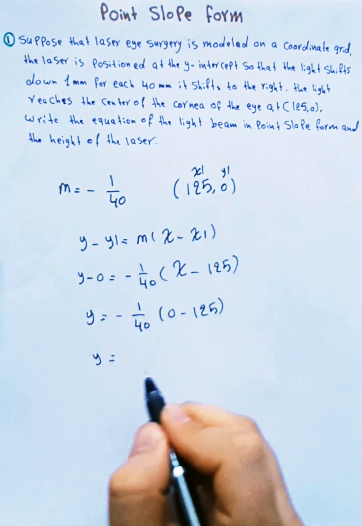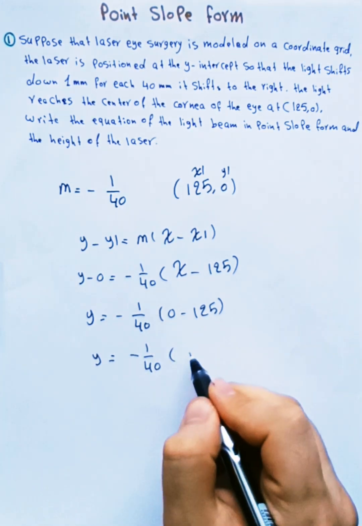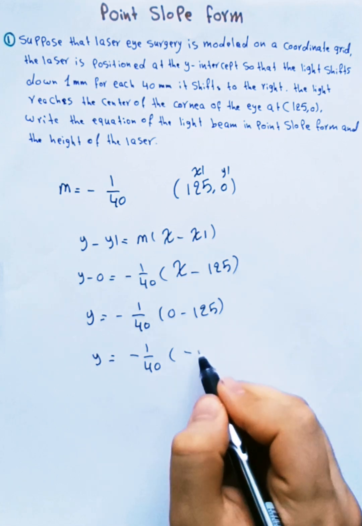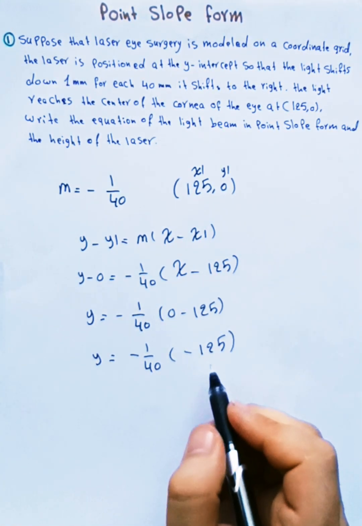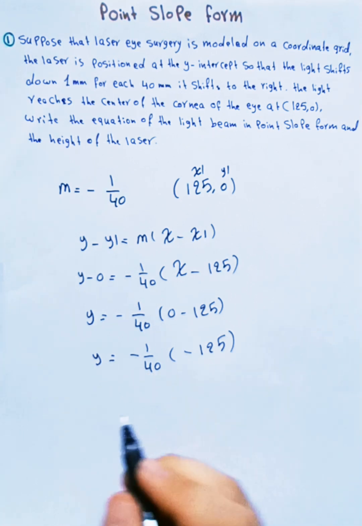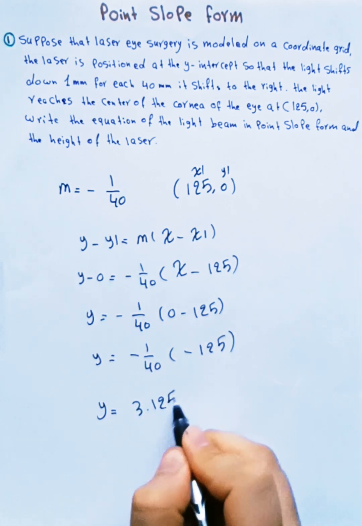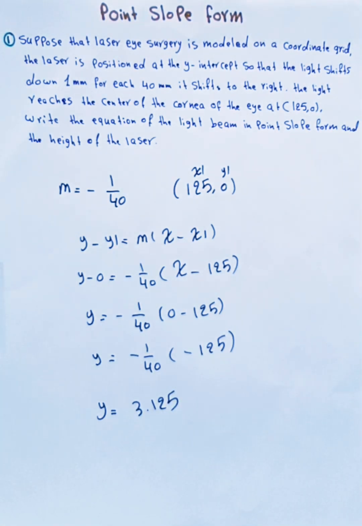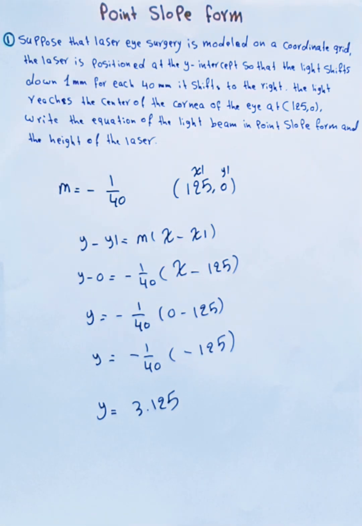So y equal to 1 over 40 multiplied by -125, and then when we multiply these two numbers, the y-intercept is equal to 3.125. So the y-intercept is 3.125. So we can say the laser is at a height of 3.125 millimeters.